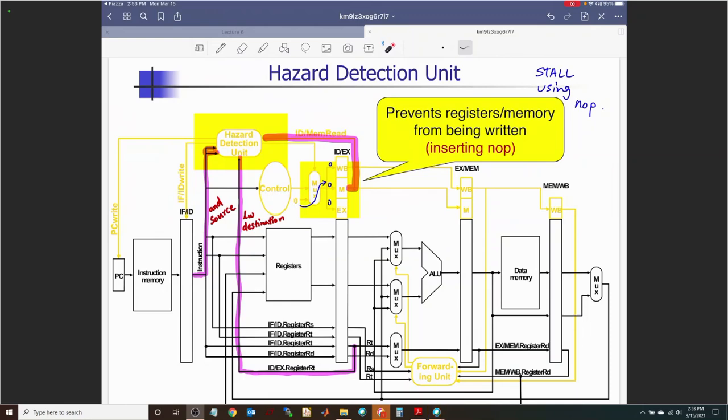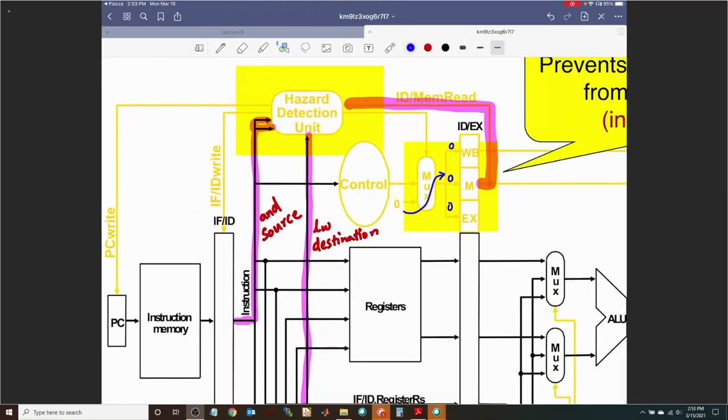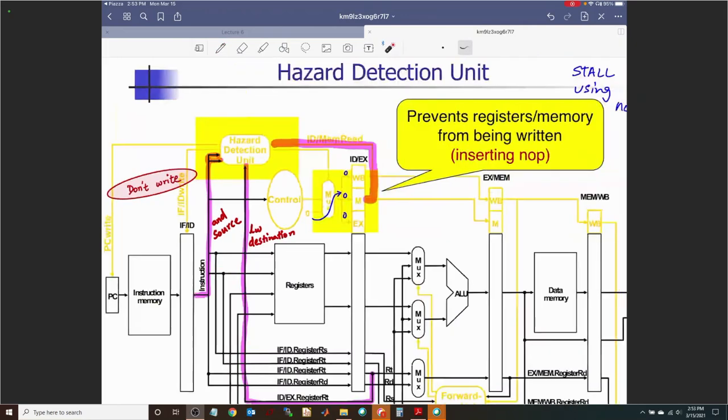So detect this, and if this is satisfied, then you push a 0 to all your controls. And also, don't write over here. Set these signals so that you don't write, because you don't want your program counter to get updated. You don't want your IFID to be written by the new instruction that you're trying to decode, right?